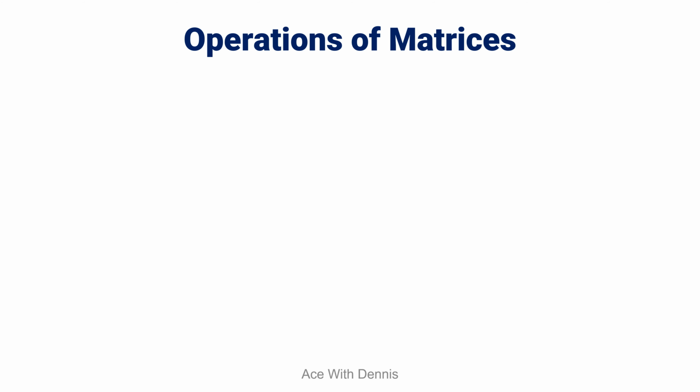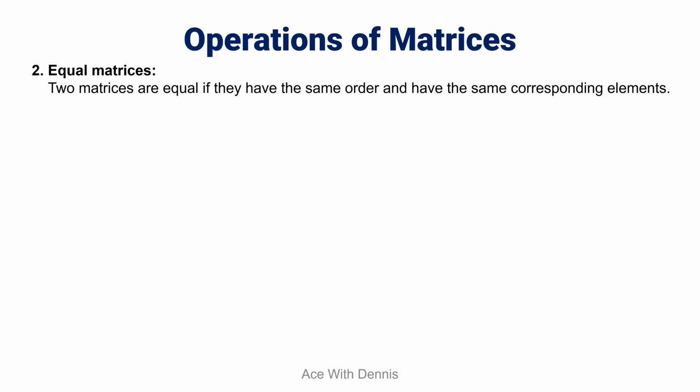Alright, next, the second operation of matrices is equal matrices. Two matrices are equal if they have the same order and the same corresponding elements. Here's an example.